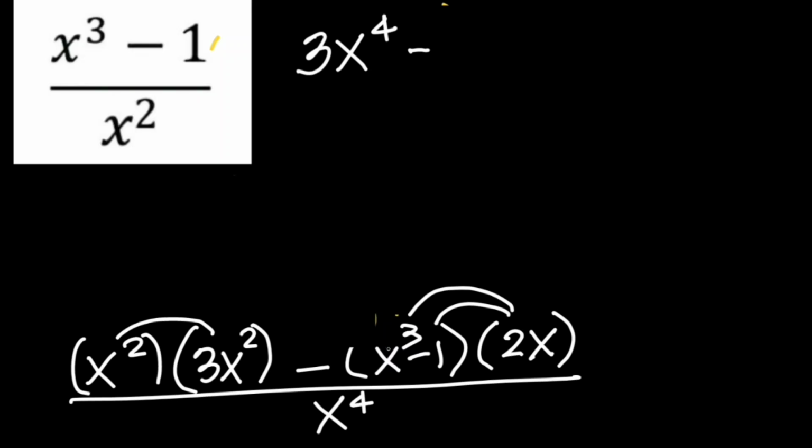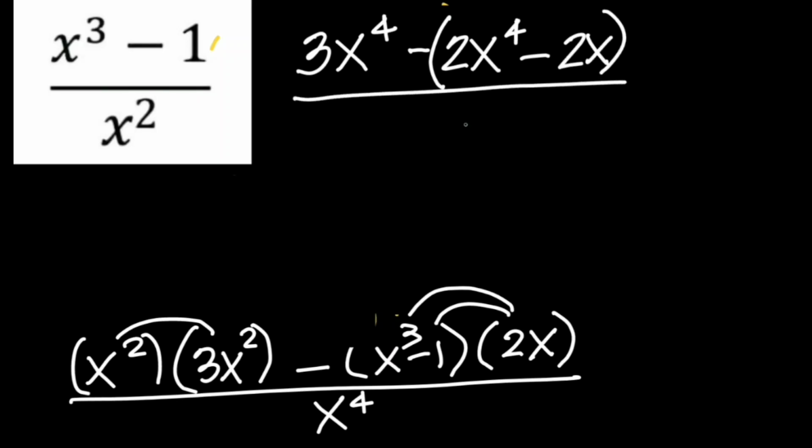So 2x times x cubed is 2x to the 4th, minus 2x times negative 1 is negative 2x, over x to the 4th. So we have 3x to the 4th minus 2x to the 4th minus 2x.